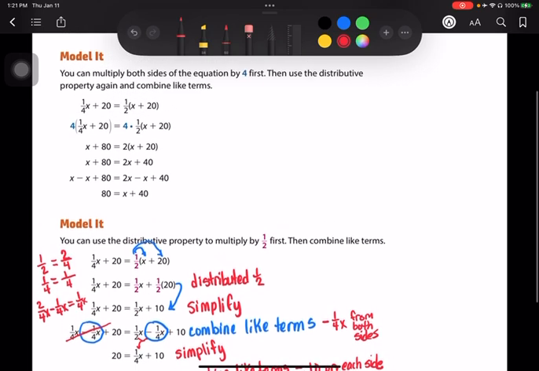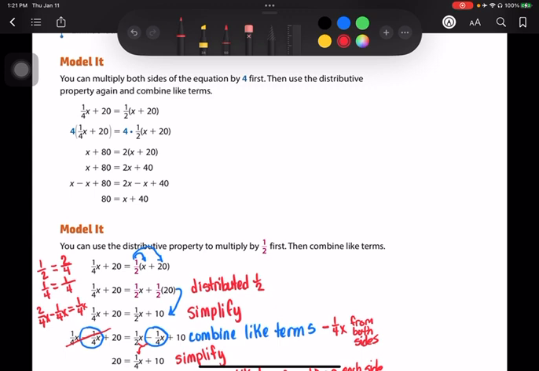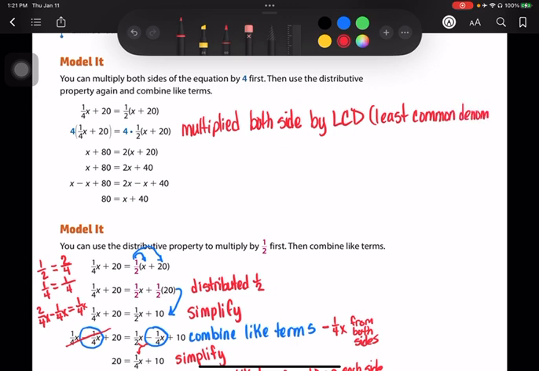I can write the steps up here to make it really quick. Here, we multiplied both sides by the least common denominator, which you call the LCD. In here, we just simplified on this line.